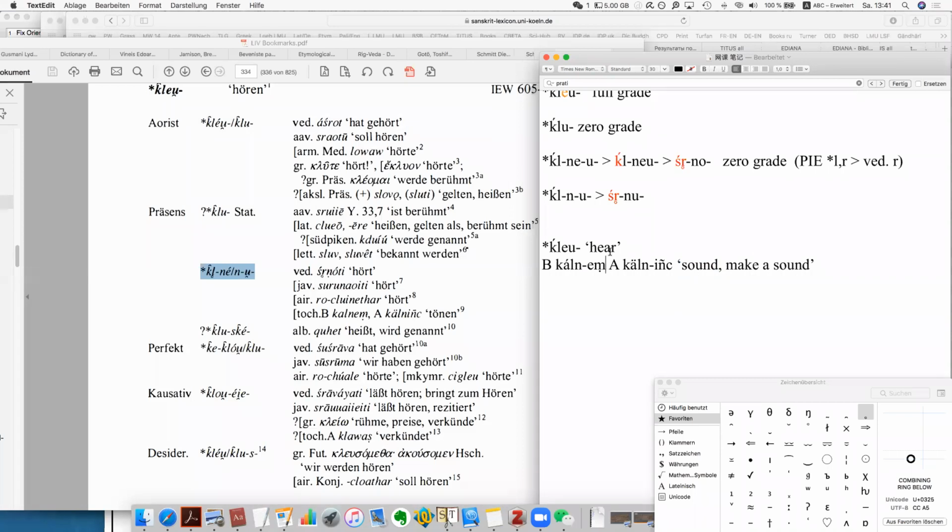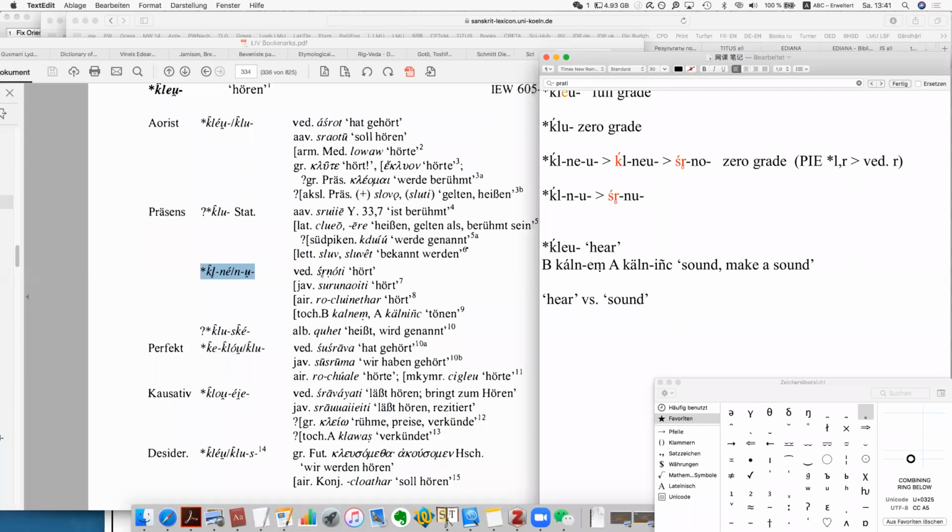So what is the relationship between hear and sound? Can anyone just type briefly? Yeah. So what is the relationship between here and sound?